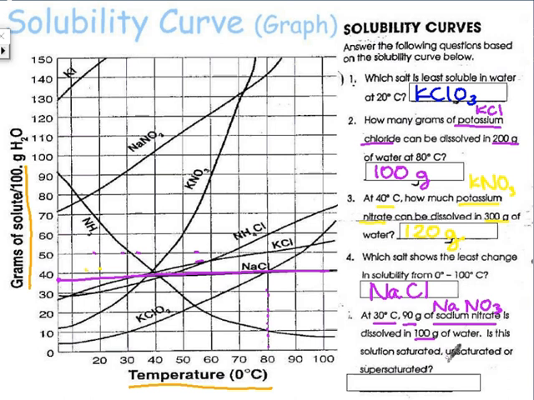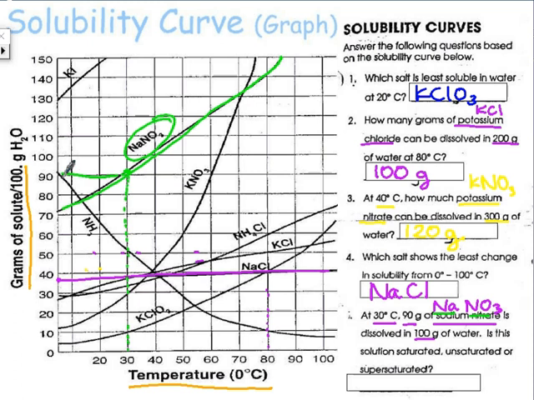So let's look at this with sodium nitrate. I'm going to find my sodium nitrate line. Bam, right there. And it says at 30 degrees Celsius, so I'm going to trace up to my sodium nitrate line at 30 degrees Celsius, and it's right here. And it says 90 grams are dissolved.